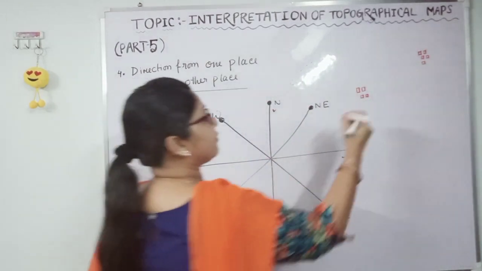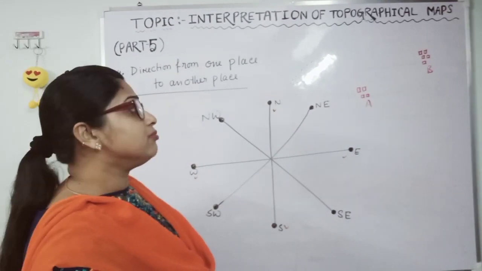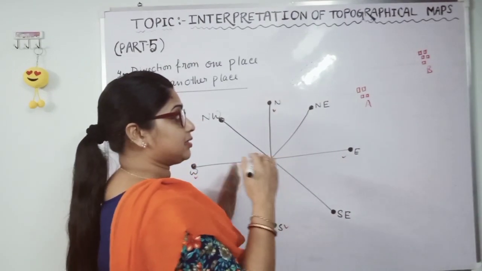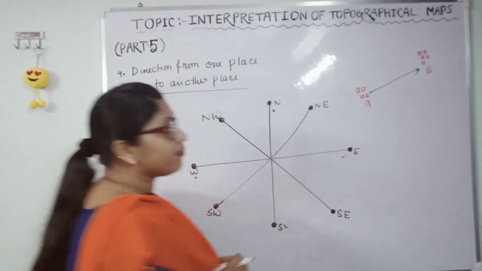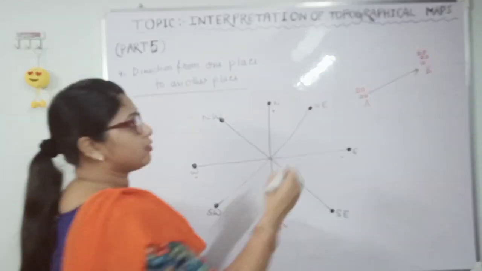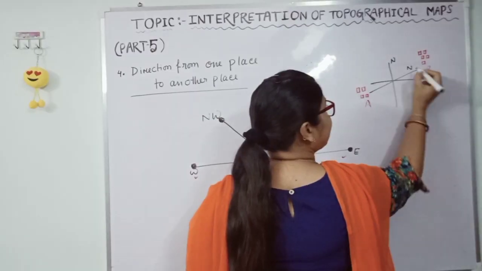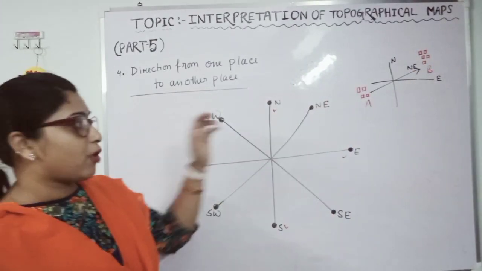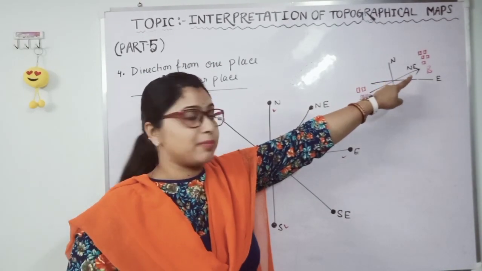I am saying it is settlement A, it is settlement B, and it is asking what the direction is from settlement A to B. Here, see, it is not perpendicular, it is not properly east, it is northeast direction. So we will write: from settlement A, in the northeast direction, settlement B is situated.